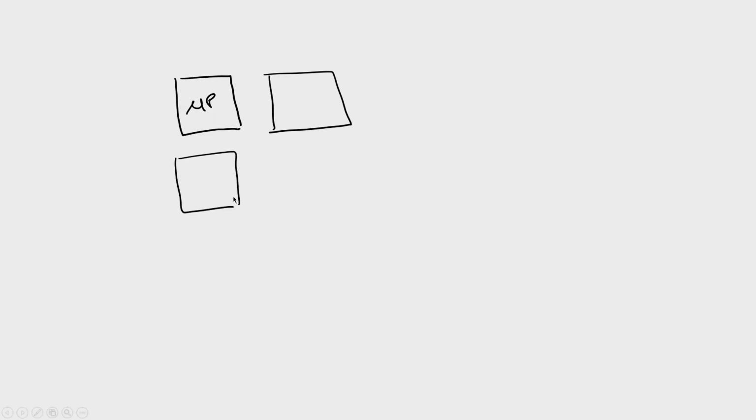Coming back to the microprocessor operations. The block diagram of this microcontroller system, as I have told, is microprocessor, IO and memory. This IO and memory are called peripherals.